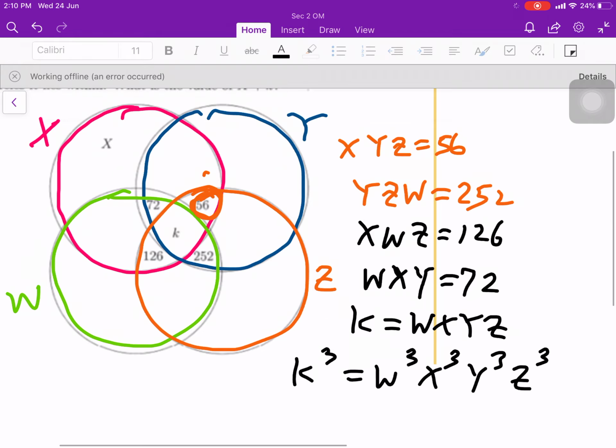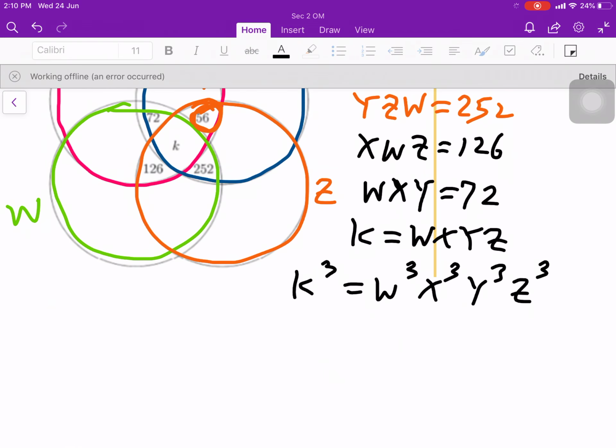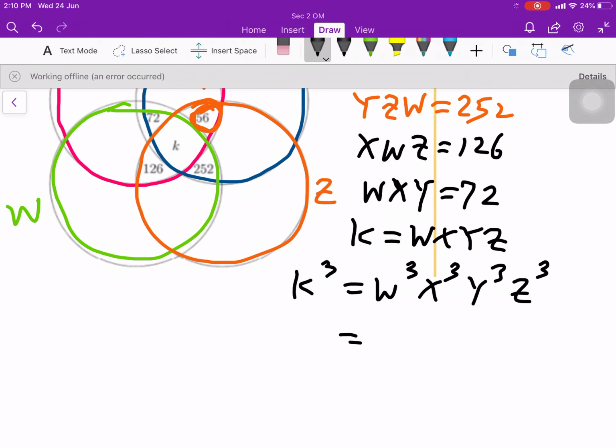And that will give me what? That will give me the product of w cube times x cube times y cube times z cube.